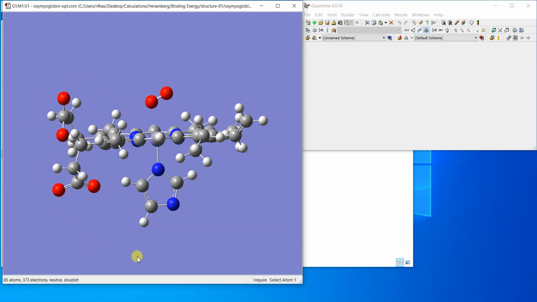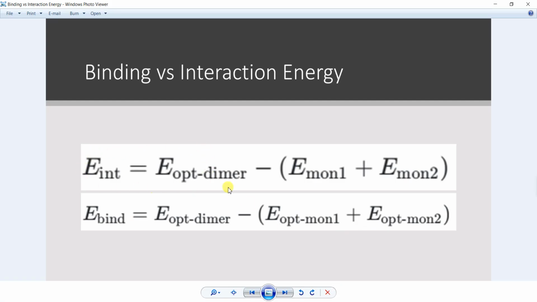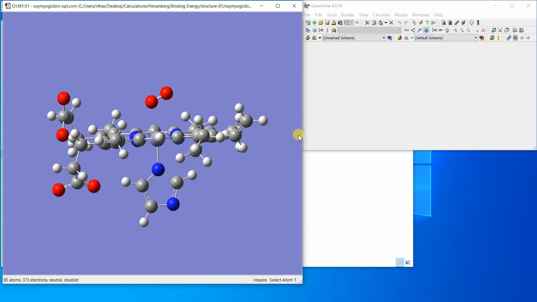Similarly, I'll take this myoglobin by deleting the oxygen, and run a single point energy calculation for this one as well. If I proceed this way, it will be interaction energy. But if I take the relaxed, optimized geometries of monomers as well, that will be the binding energy. So we're going to calculate the binding energy for this one.